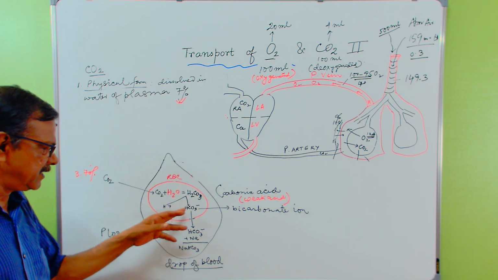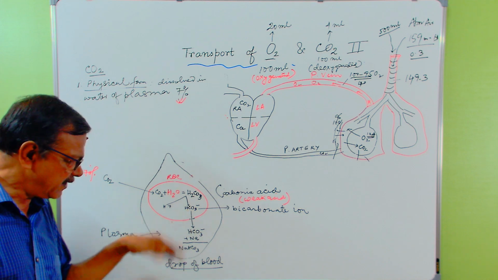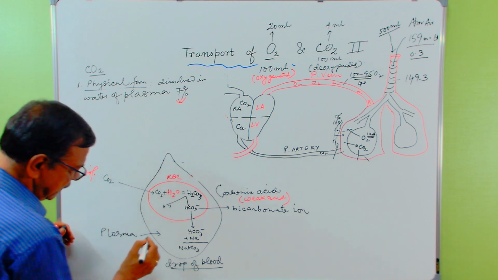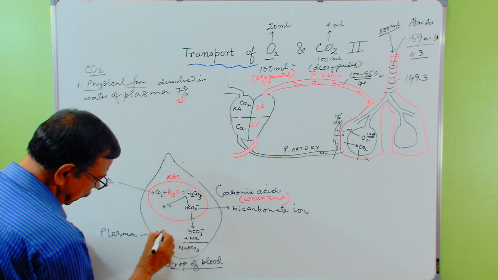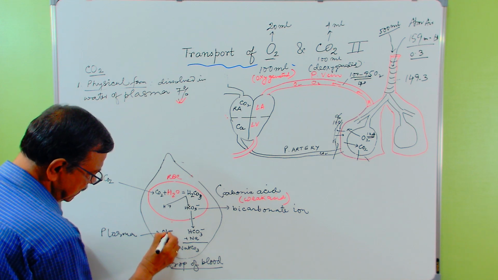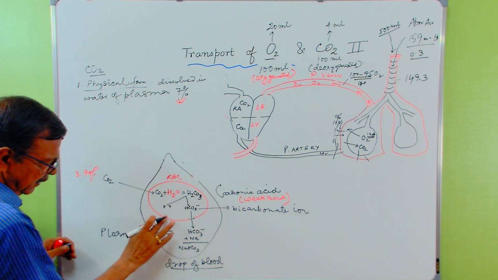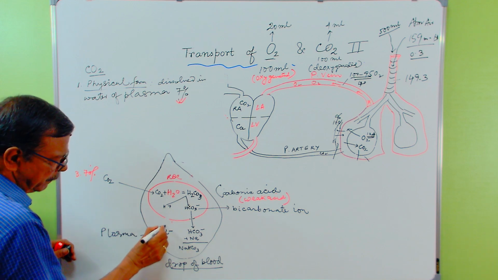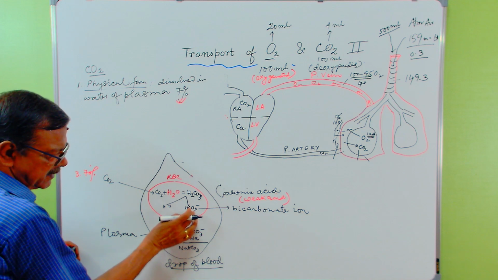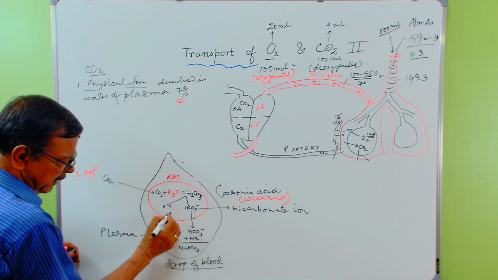To counteract this drainage of negative ion, there is chloride ion in the plasma. In the plasma, the chloride ion enters to compensate the loss of HCO3 ion.